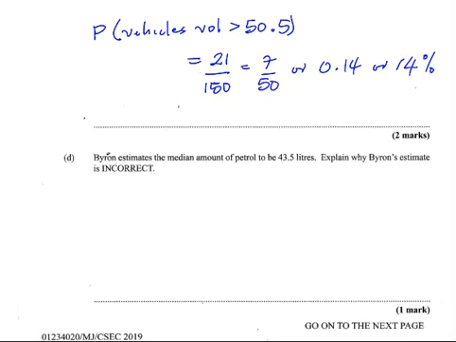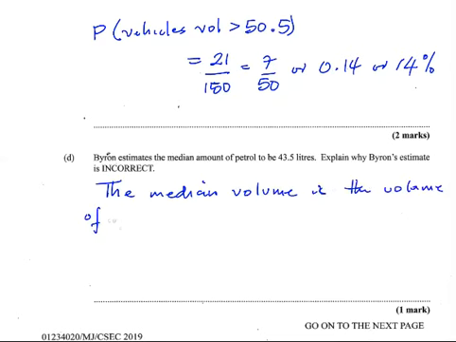To the table to fully explain it. The median volume of petrol needed to fill vehicles is the volume of vehicle number 150 over 2, vehicle number 75.